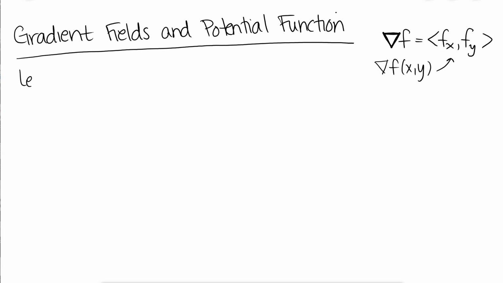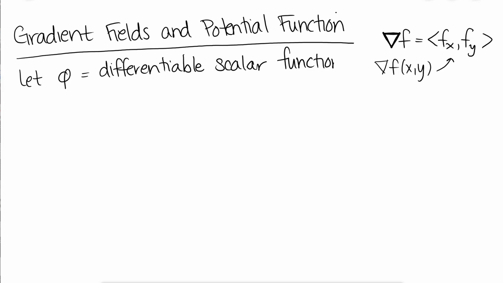So let's let phi, and this is not the phi from spherical coordinates, sorry, be a differentiable scalar function. A scalar function is just every function that we've known from college algebra: you put in some values, it spits out a number.